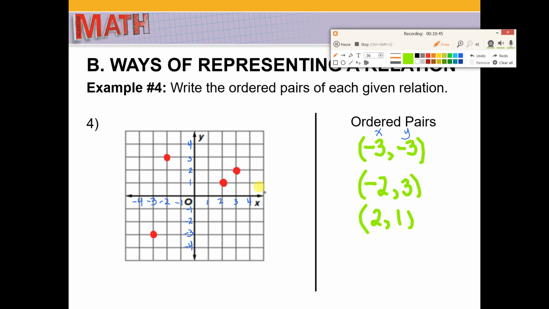In the x-axis, it's at 3. And in the y-axis, it's at 2. So when we write the ordered pair, that would be 3, 2. And that is how you write the ordered pairs if you are given a graph.